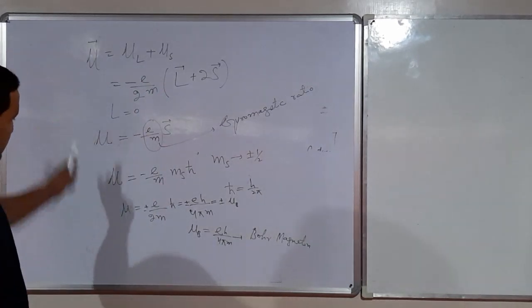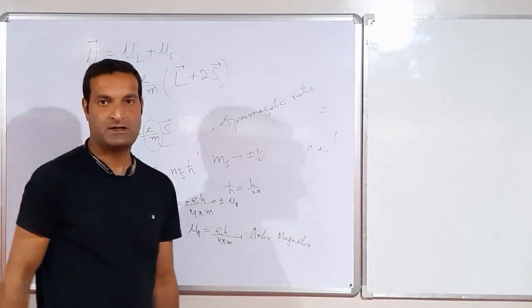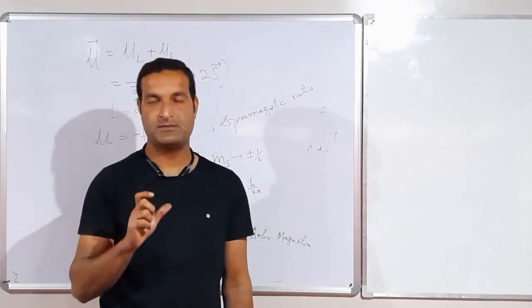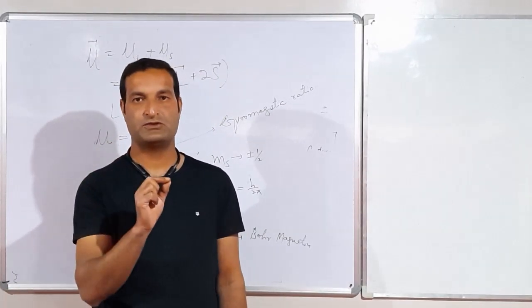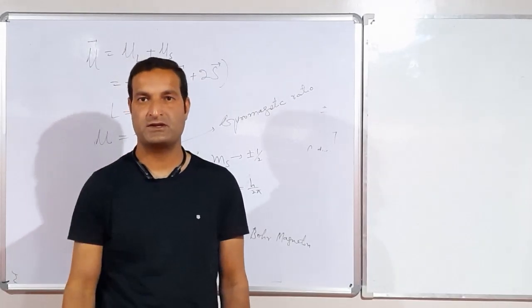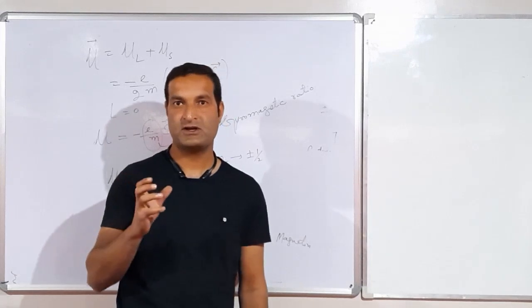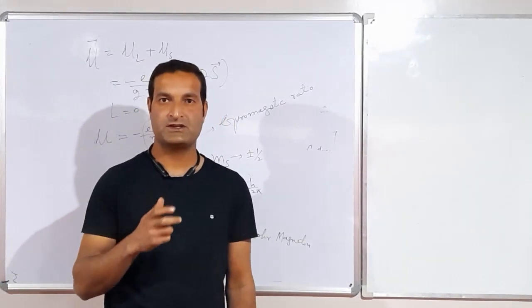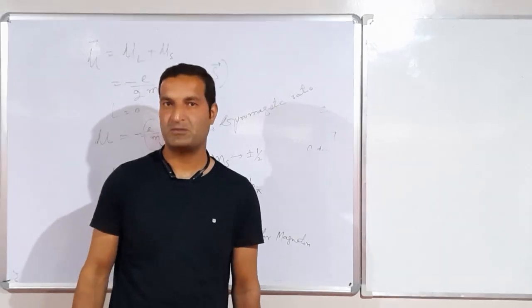So these are the magnetic moments present within the material due to the orbital motion of an electron and due to the spin motion of an electron. Similarly, the spinning of protons and neutrons within the nucleus will give rise to magnetic moments.